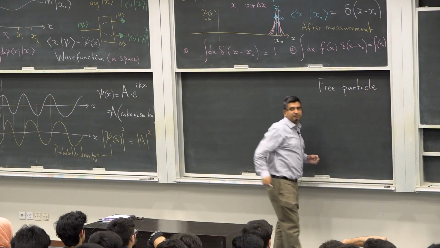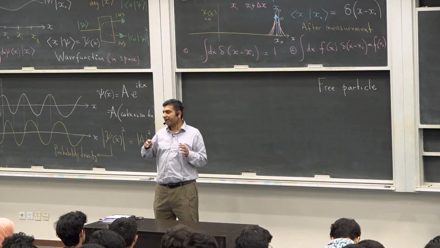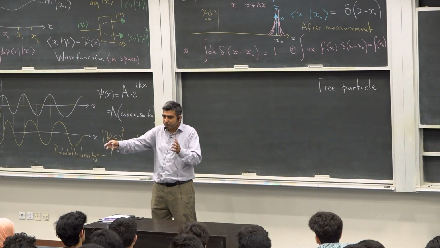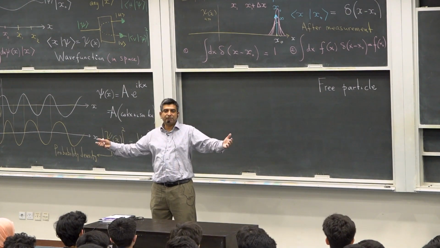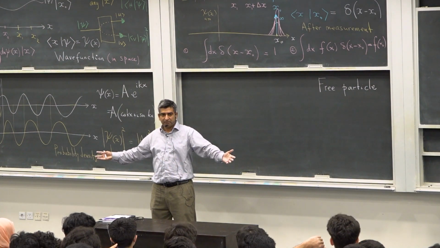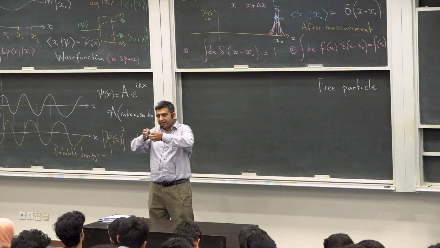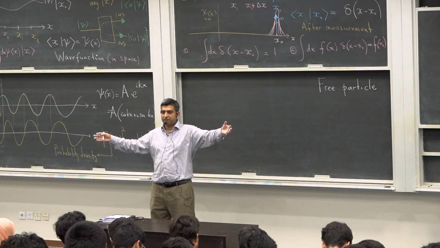A free particle is a particle that is not influenced by anything else. It's in vacuum. It doesn't see any force, any potential energy. Right? So like a photon moving in space or an electron moving in space.